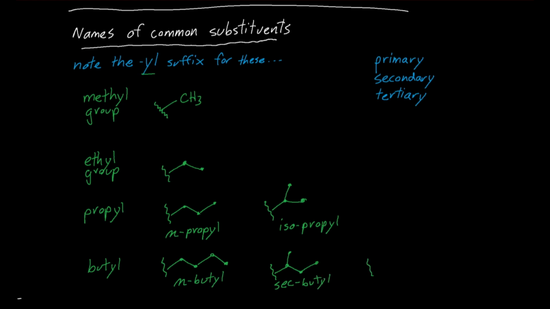You have 1, 2, 3, 4. Isobutyl. Notice how the nomenclature sort of loses consistency at times. Most nomenclature is a mixture of a systematic nomenclature and common names. And it's hard to overcome common names, especially if they've been used for 150 years.